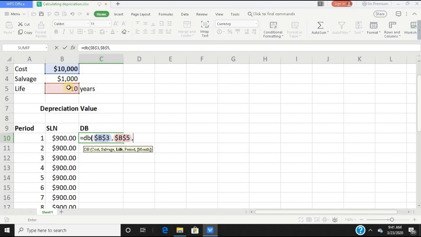Now there is a new thing. Now the second thing is salvage value, freeze it. Again a comma. Then the life, freeze it, comma. Now you see you have something in brackets called month.